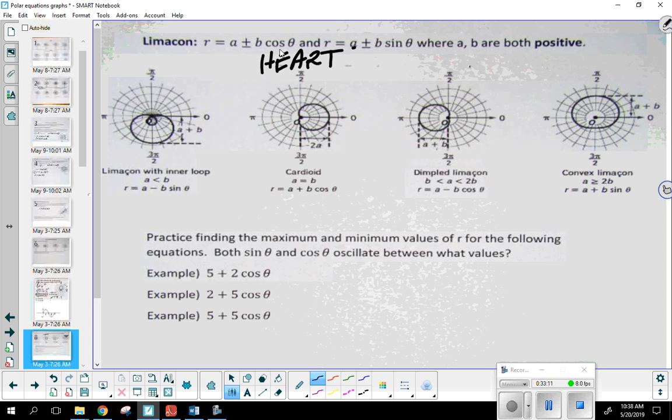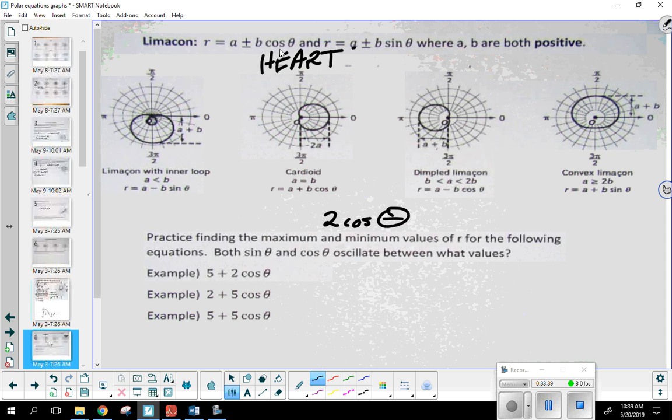So let me give you an example. Let's say I give you 7 minus 2 cosine theta. It doesn't matter if it's cosine or sine; that has no bearing on it. It's the two values that you have. I know this is no longer a circle because we are subtracting this from another value. Now, if it were just 2 cosine of theta, where would it be with respect to the pole?